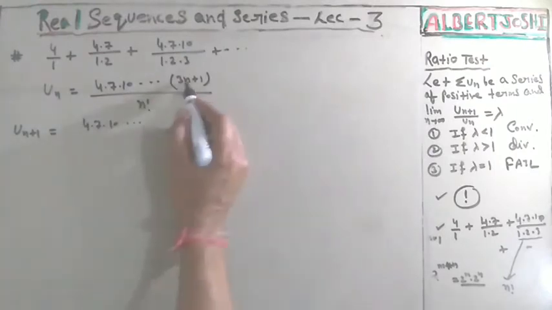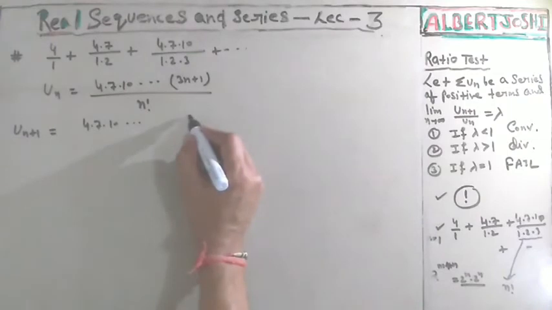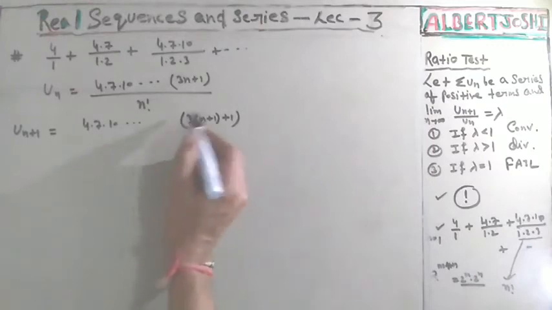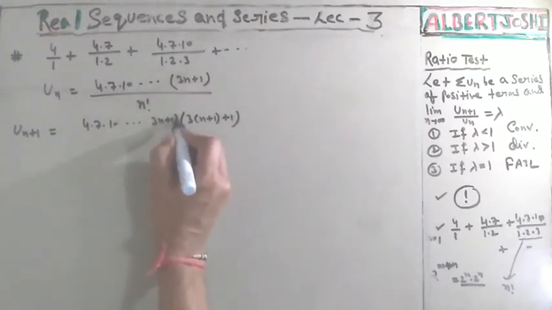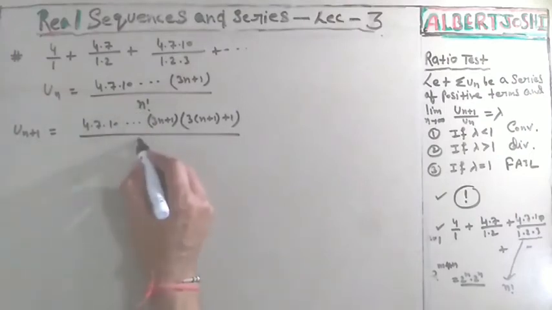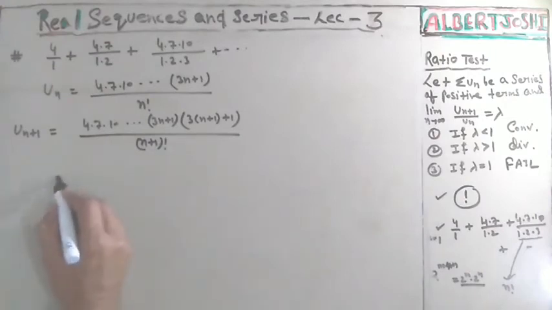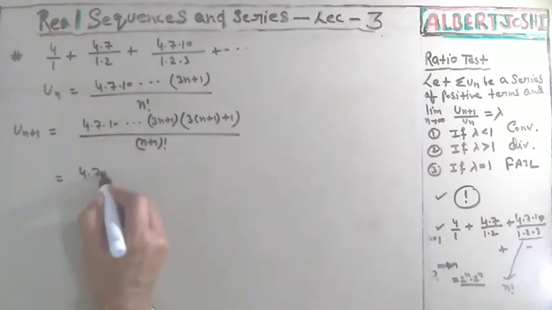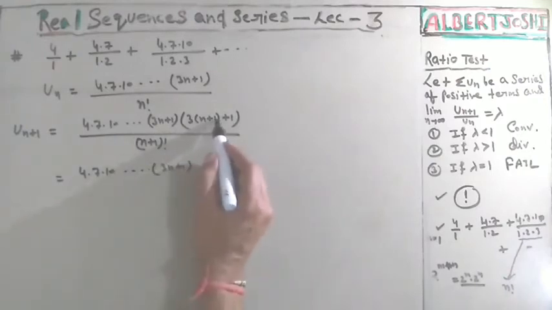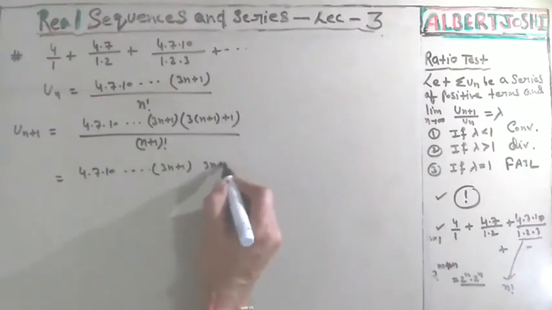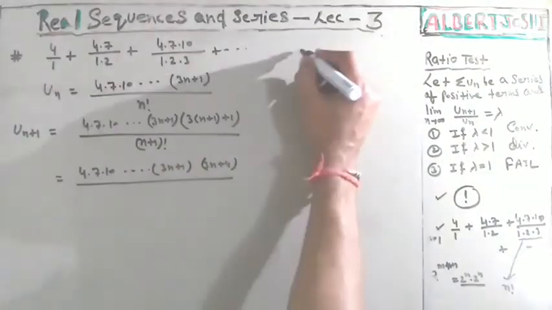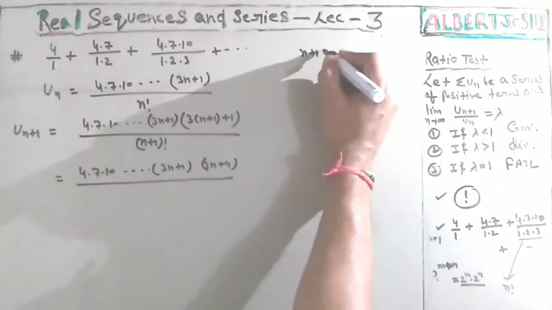In place of n you have to put n plus 1, so the last factor is 3(n plus 1) plus 1, which is 3n plus 4. And in the denominator, in place of n you put n plus 1, so n plus 1 plus 1 factorial.